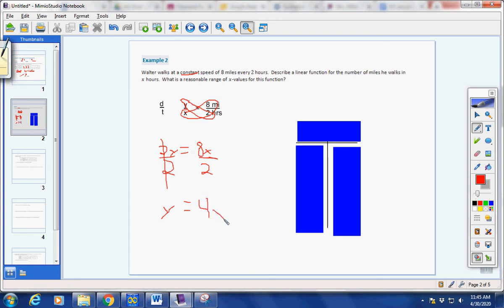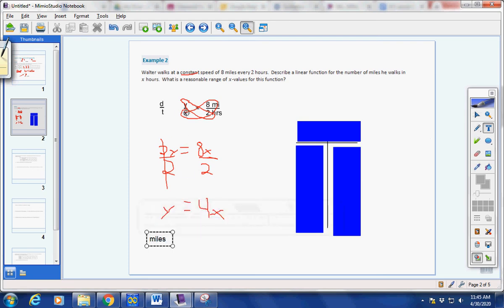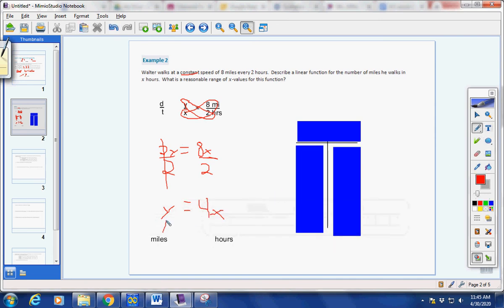So we have 4 times x. So again, remember our y here goes along with the miles, and our x goes along with the hours. So y represents miles, and x represents the number of hours. So the number of miles Walter walks is dependent on the number of hours.